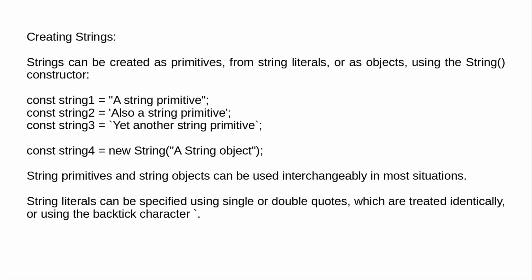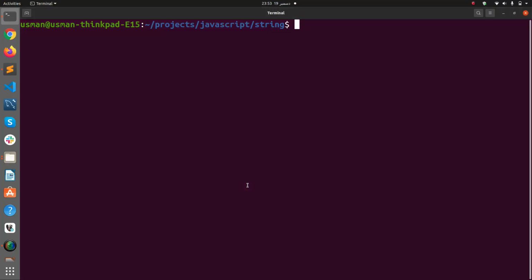So let's look at how to create strings. Strings can be created as primitives from string literals or as objects using the string constructor. So let's create a project file called strings.html.